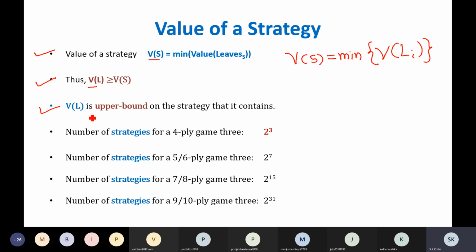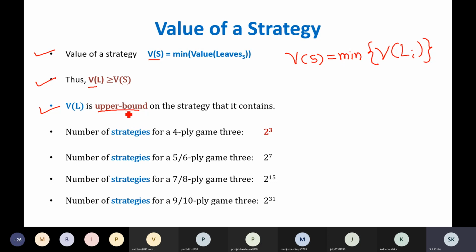Therefore, I can say that the value of a leaf node is an upper bound on the strategy that it contains. Always the value of any leaf node in a given strategy defines an upper bound on the strategy that it contains, because the value of a leaf node is always greater than or equal to the value of a strategy.